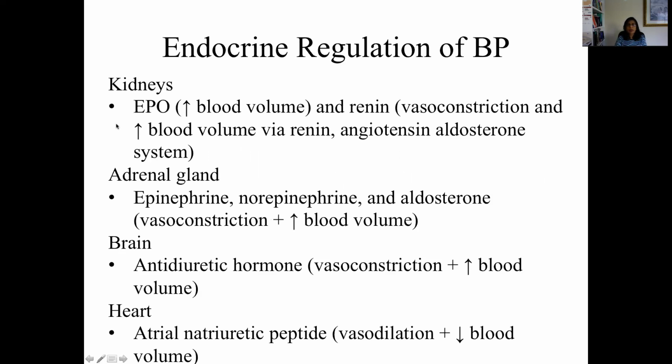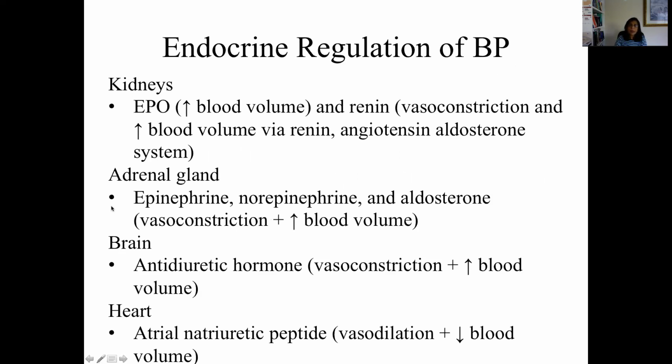EPO, or erythropoietin, is the one that increases blood volume. What does that do to blood pressure? It increases blood pressure. And another hormone kidneys make is renin. Renin, by activating the renin-angiotensin-aldosterone pathway, results in vasoconstriction.